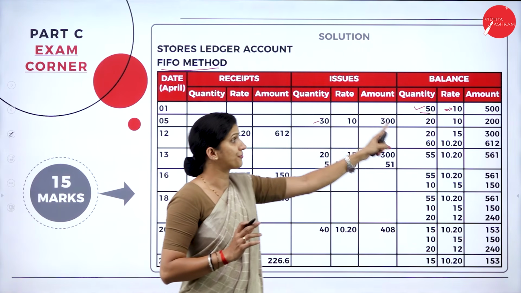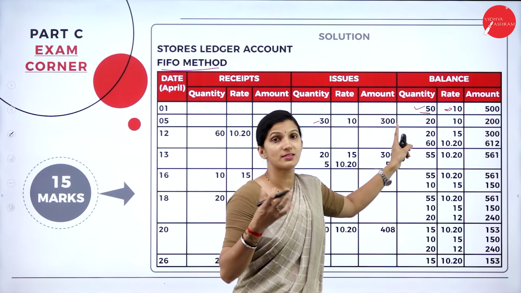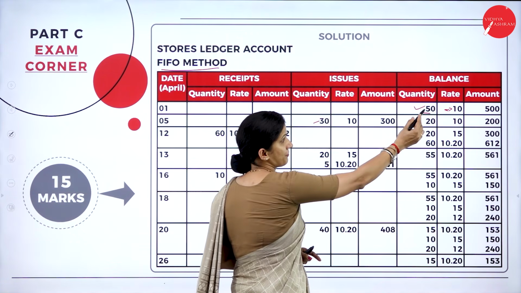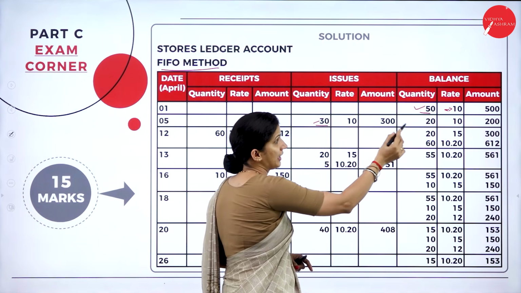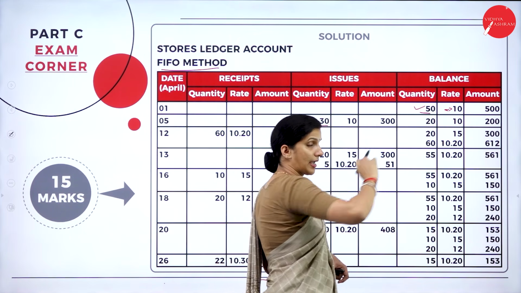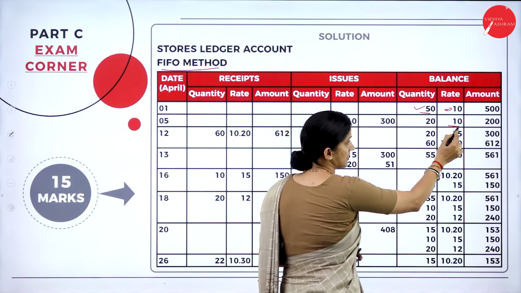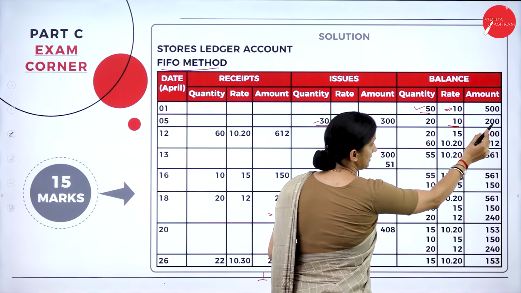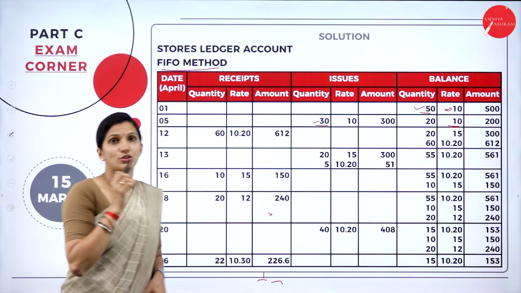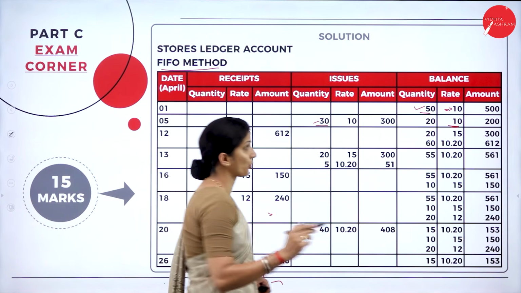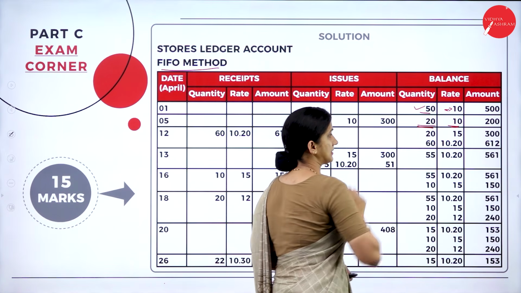Now, after the issue, what is the remaining balance in the storeroom? 50 minus 30, we have 20 here. The same rate will not be changed, so you write 10. So 20 into 10, it is 200. So on 5th, the balance in the storeroom is 20 tons.